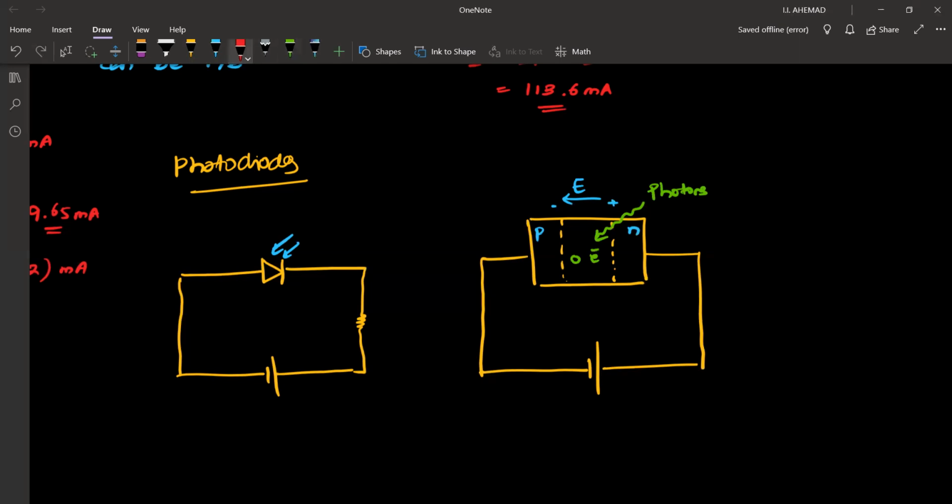This electric field will push this electron to this side and the hole in the opposite direction. Due to this hole, there will be a current towards your left. Due to the movement of the electron also, you will have a current towards your left. So, a current will flow in the circuit in this direction. Draw this diagram.